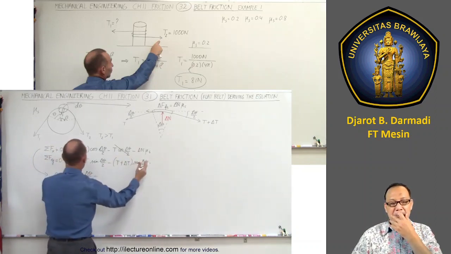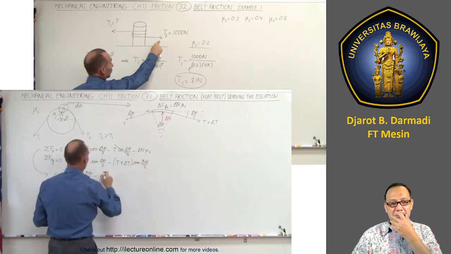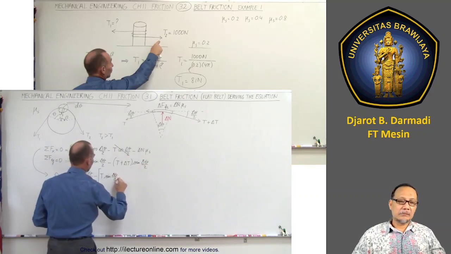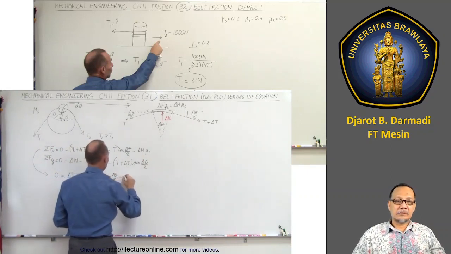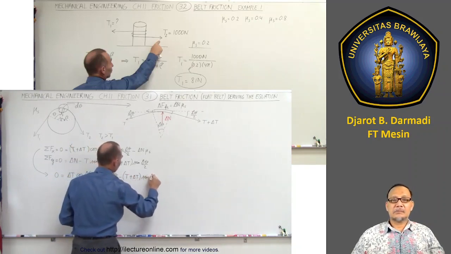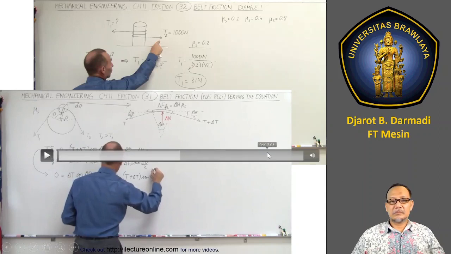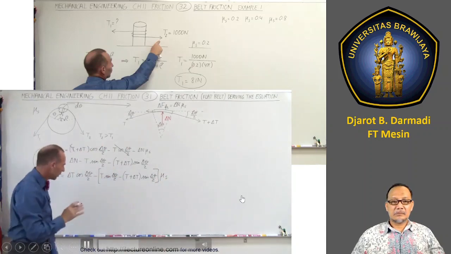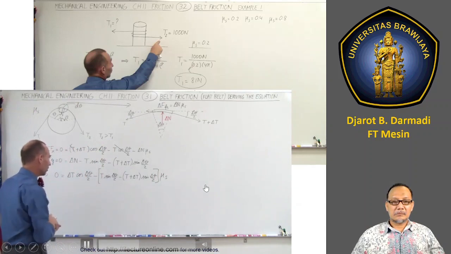Instead of delta n, we're going to plug in the positive of this, so minus t sine of delta theta over 2, and here that would be minus the quantity t plus delta t times the sine of delta theta over 2, and the whole thing multiplied by mu sub s. All right, still quite a mess, but I think we can somehow simplify that.